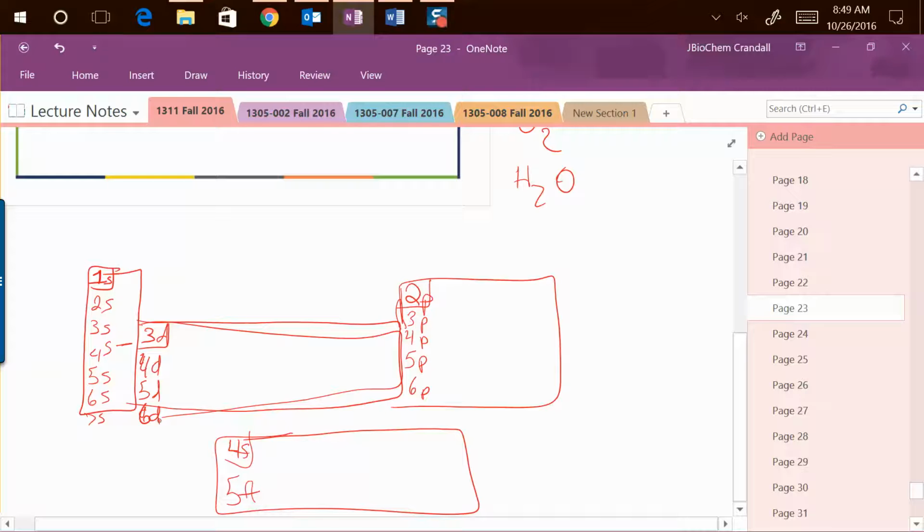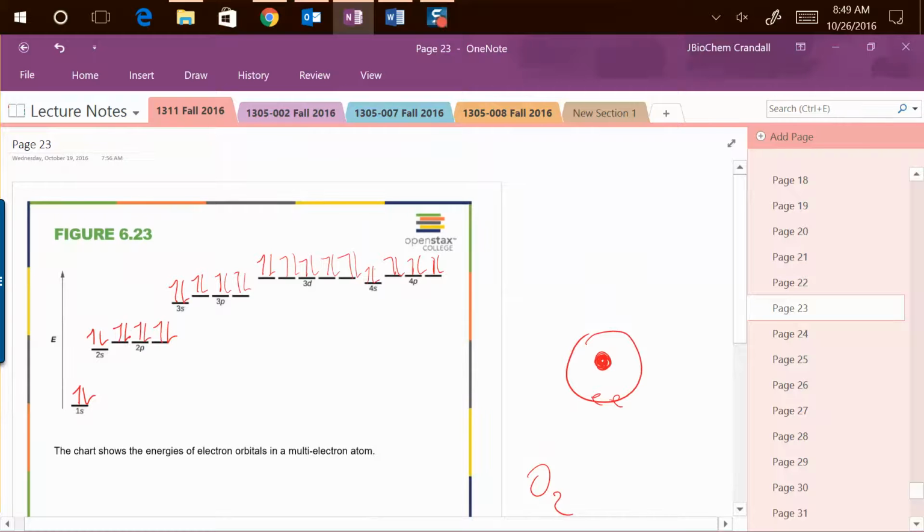Now, I know this is the 3d, so this is the 4d. This is the 5d. 2p, 3p, 4p, 5p, 6p. Okay? So now I can easily identify where everything is on my periodic table. Okay? Which is going to come in very helpful here in a minute when we write electron configurations. Okay? All right. But the reason I go 4s then 3d is because of how they fill in the energy diagram.